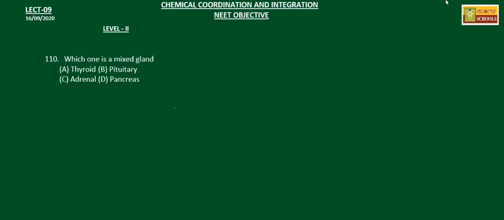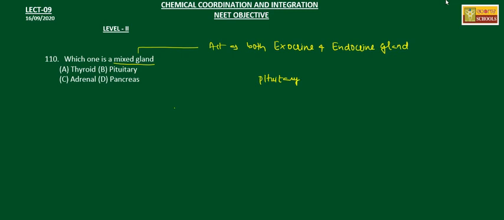Next question, which one is a mixed gland? So here, mixed gland is a gland that acts as both exocrine and endocrine gland, right?